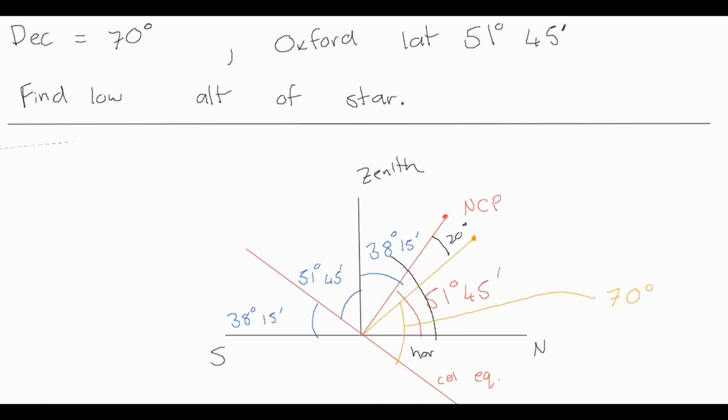So to figure out the lower transit of the star, we would do the altitude of the North Celestial Pole, which is 51 degrees 45, minus the angle between the star and the North Celestial Pole, which is 20, giving us a lower transit altitude of 31.45.